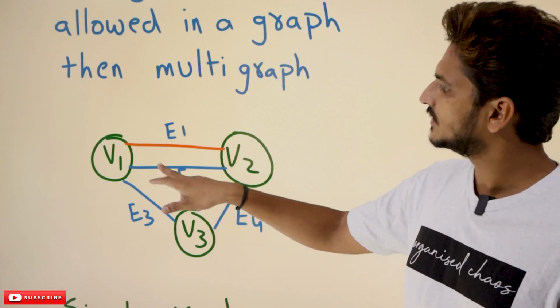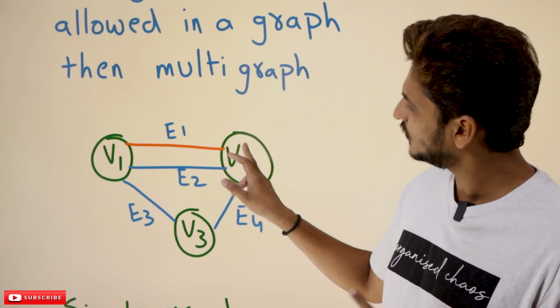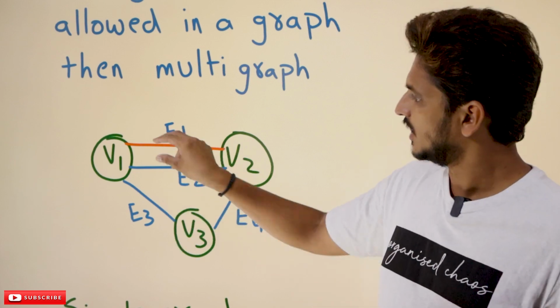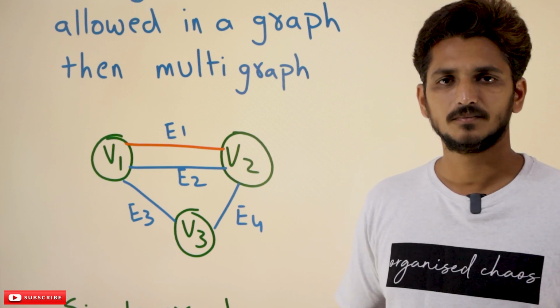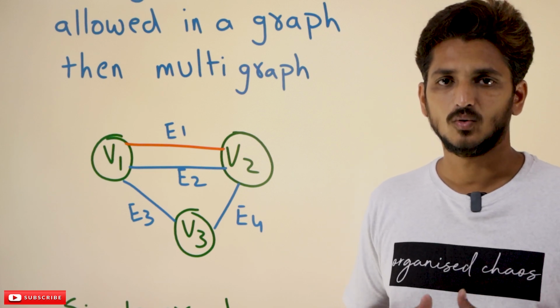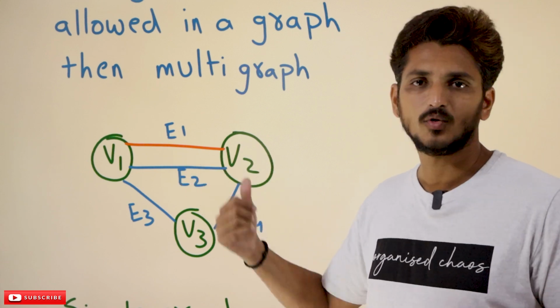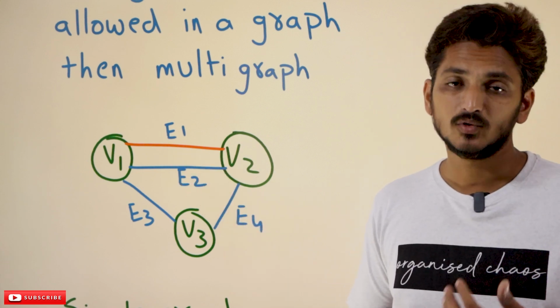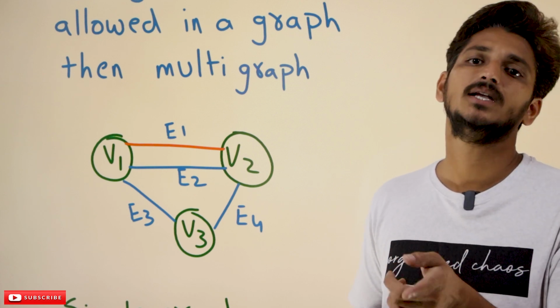Let's take this graph. V1, V2, V3 are the vertices. V1, V2 are connected using two edges. One edge is E1, one edge is E2. So here more than one edge is allowed to connect two vertices. Then we say they are multi-edges. If multi-edges are allowed, then we say it is a multi-graph.